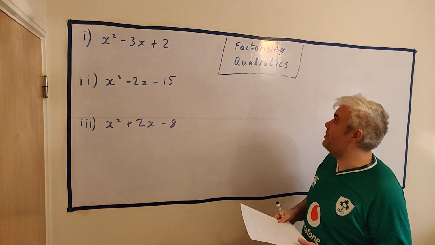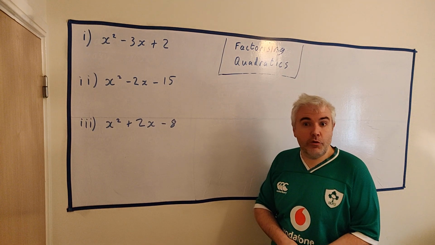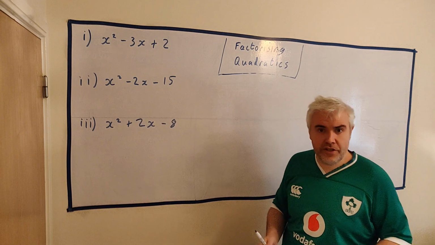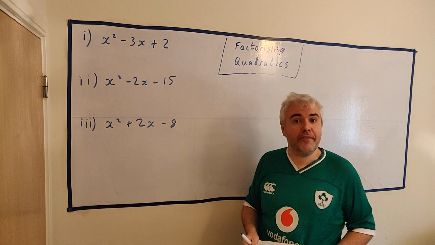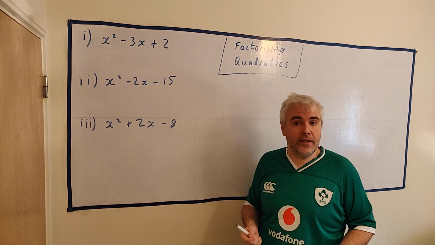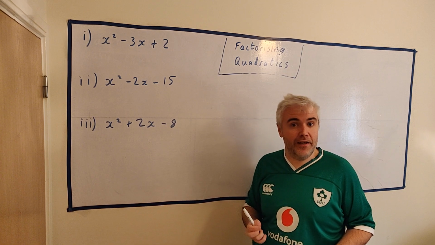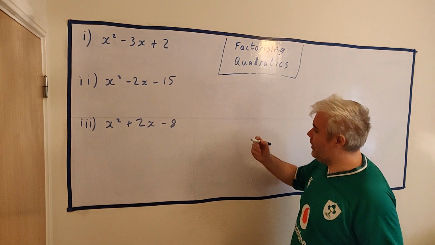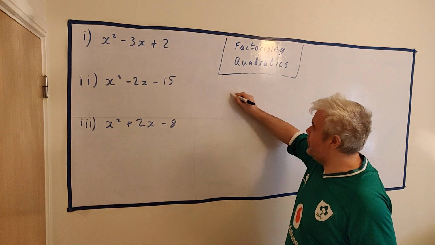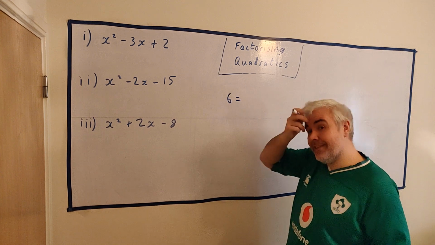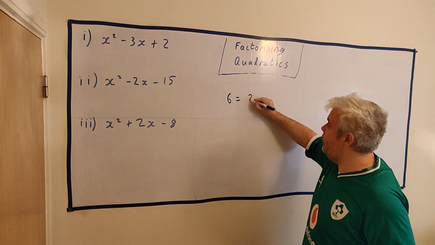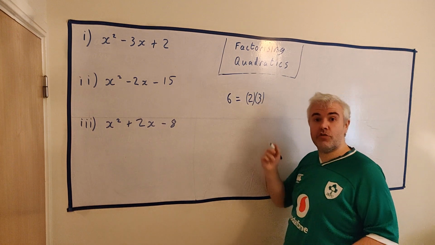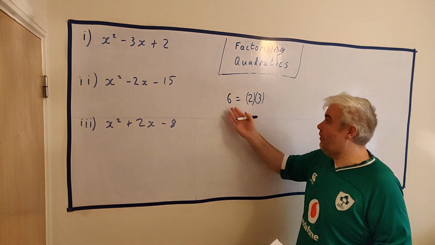So what is factorisation? If you remember back to your primary education and earlier in your secondary education, a factor of something is something that will multiply to make it. That mightn't be too clear, so let me use a very simple example. Pick a number, 6. 6 is equal to 2 multiplied by 3. 2 and 3 are factors of 6.